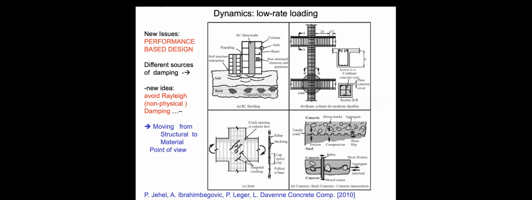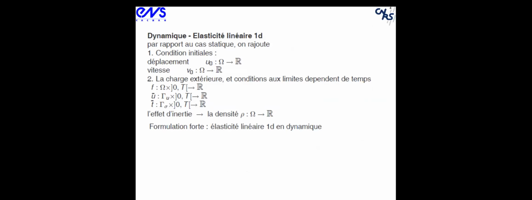And if you really want to take damping into account in a complicated situation of this kind, you have sources of damping coming from everywhere. Basically, the wave propagates in the soil, and then you have damage of a particular structure with little cracks, big cracks, sliding, and so on. So giving a physical justification of damping is certainly not enough.